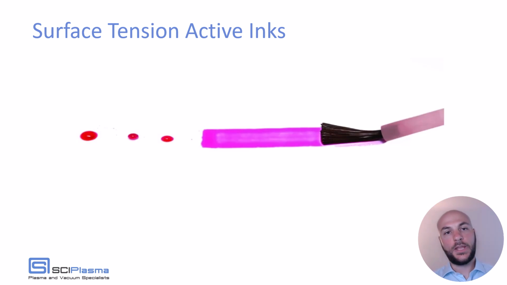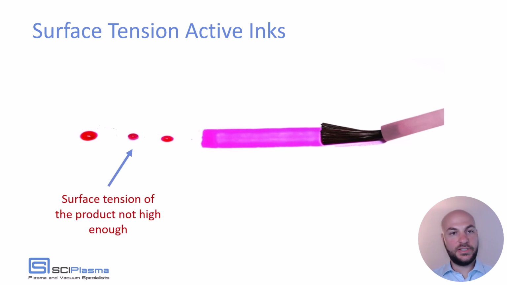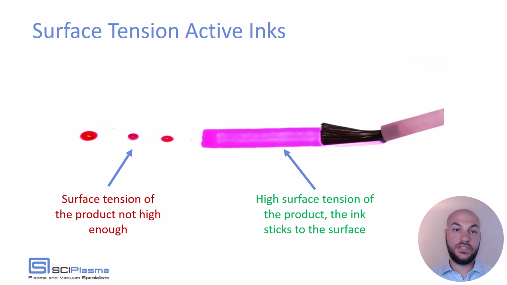Practically, what this looks like is that we have two different outcomes when we try to paint. The one on the left, the surface tension is not enough, and so the ink will try to form tiny drops. Or the surface tension of the product is high enough to have the ink stick to it.